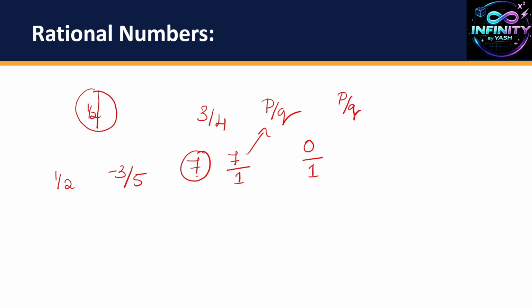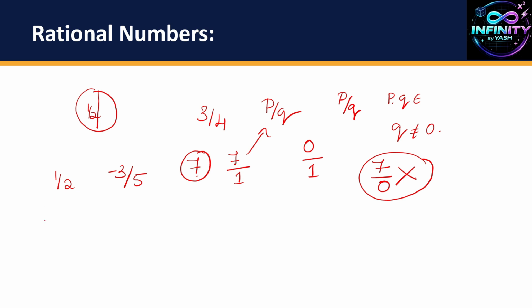Rational numbers are in the form of p by q, where p and q belong to integers, and q should not be equal to 0. For example, if it comes like 7 by 0, it is not considered a rational number. The denominator should not be 0.